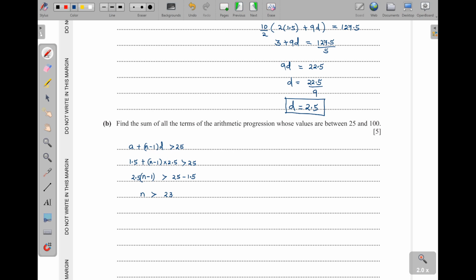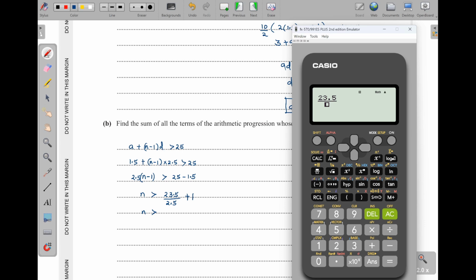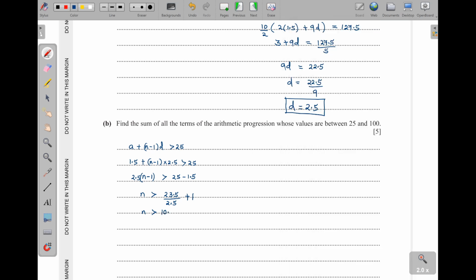So we have 23.5, first divide by 2.5, then from there add the 1. So n has to be greater than 23.5 divided by 2.5, then plus 1, that is 10.4. That means the smallest term has to be the 11th term. So we take the 11th term.